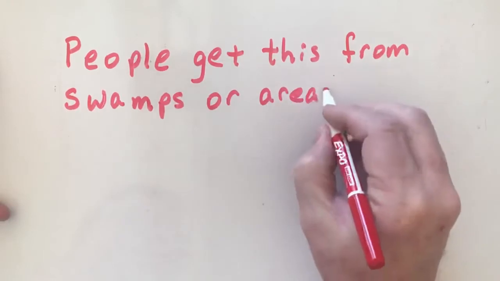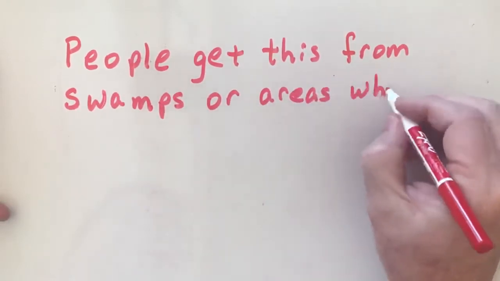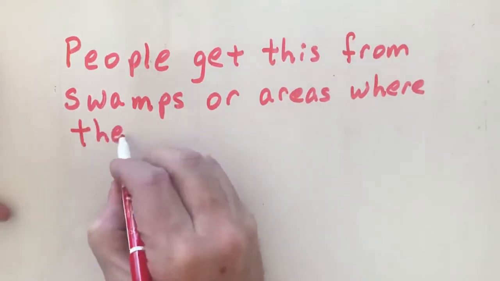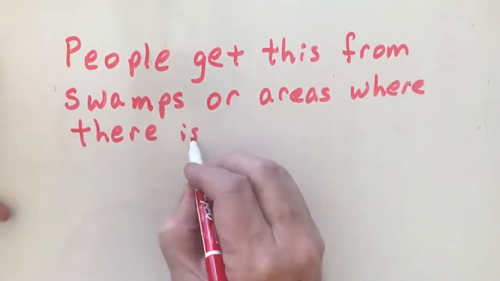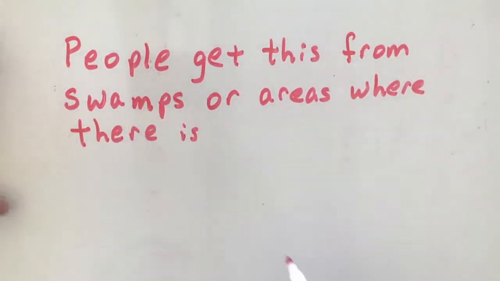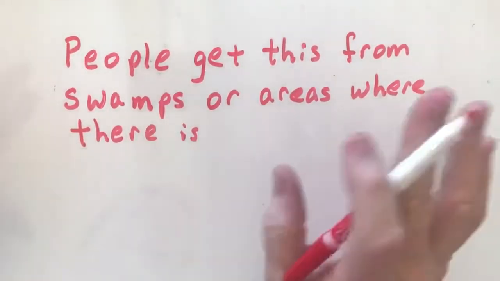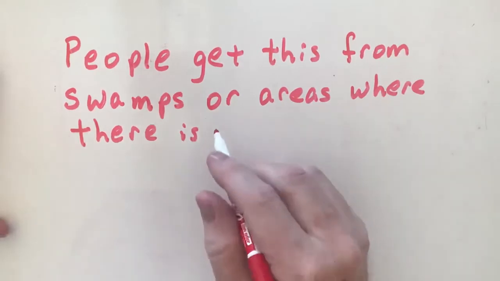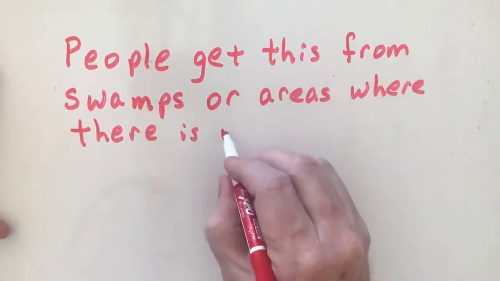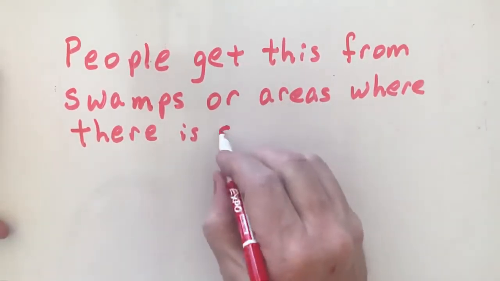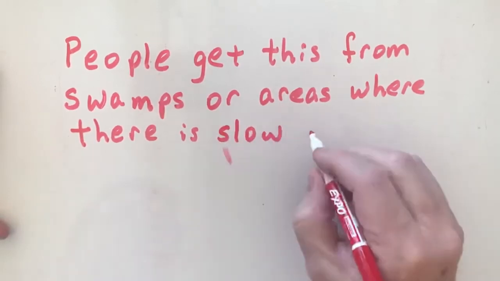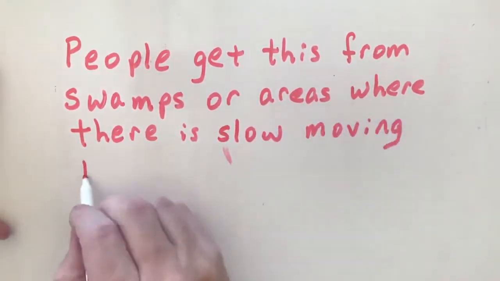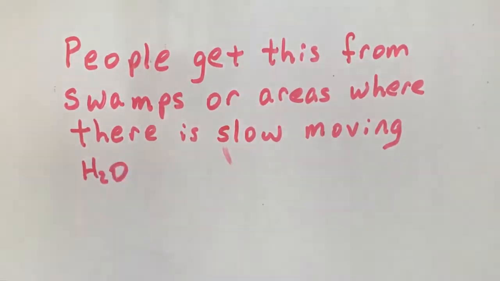There's some advice where if you ever are out somewhere and you need to drink water, always get the fast moving water, because water that can sit gets diseased. Slow moving water. Okay, so this is where we're going to get this from.